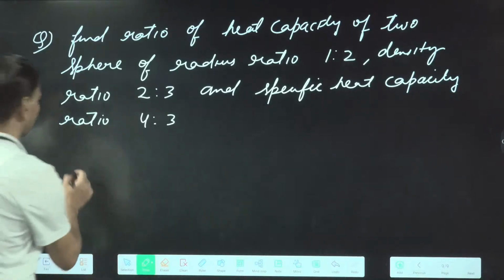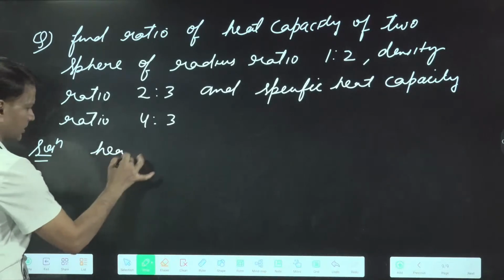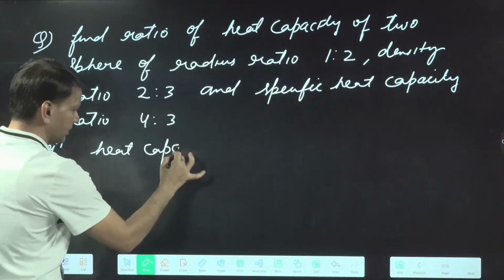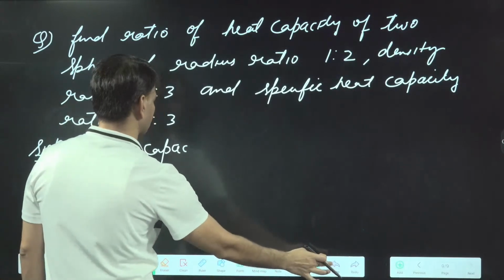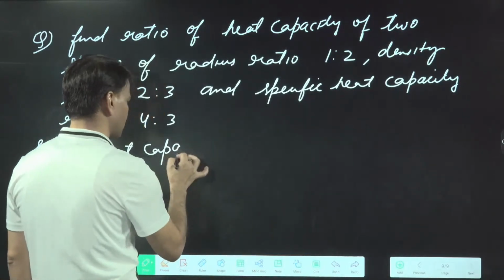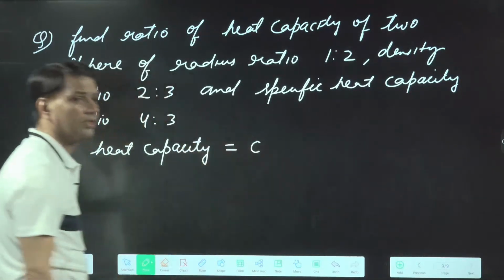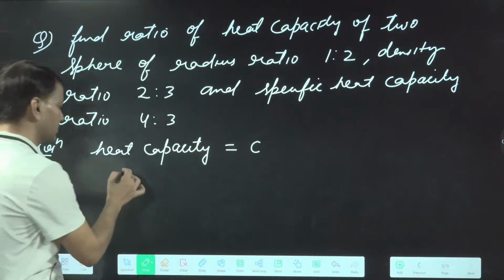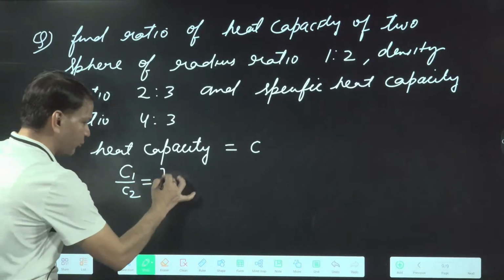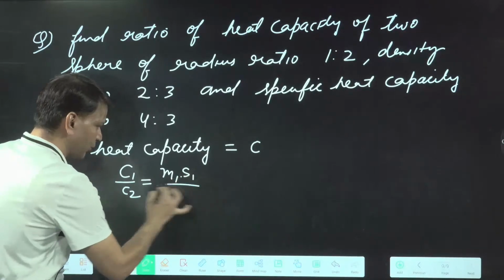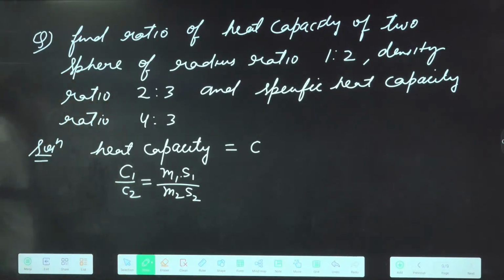Suppose I write heat capacity as a small c. C1 by C2 is M1 S1 upon M2 S2 by the formula of heat capacity.